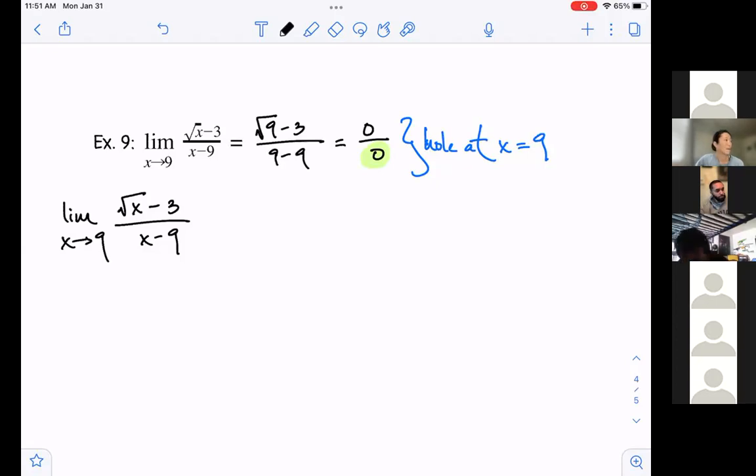We usually learn those when dealing with imaginary numbers. If I had 2 plus 3i, its complex conjugate is 2 minus 3i.